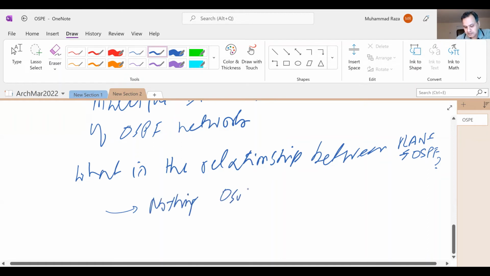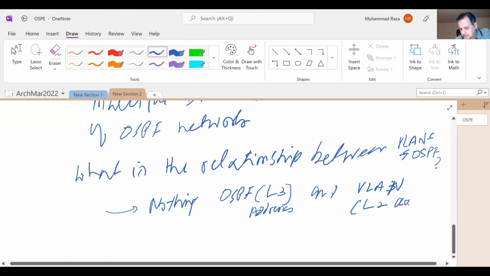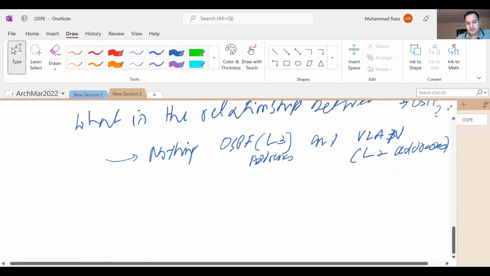Because OSPF, not a layer 3 protocol but dealing with layer 3 addresses, and VLAN deals with L2 addresses. But based on the context of broadcast domain, there is a connection. So the flip side is, there is a connection. How?